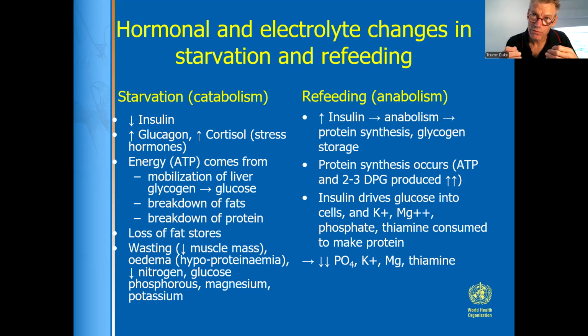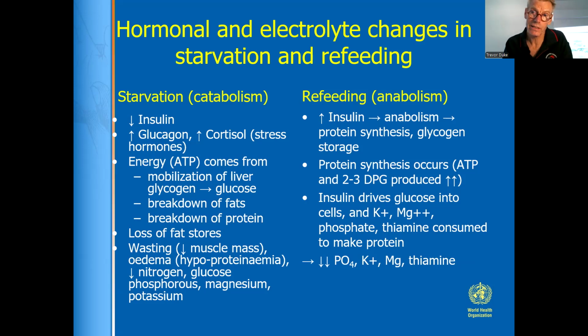They have reduced nitrogen in their body because their muscles are breaking down, and they may have low glucose like Kobe did. They may have low phosphorus or phosphate, often low magnesium and low potassium because of all of these electrolyte changes.